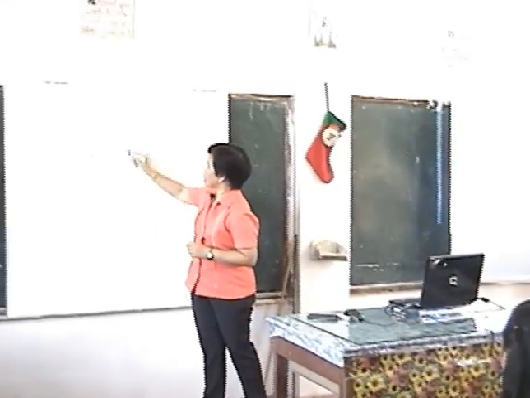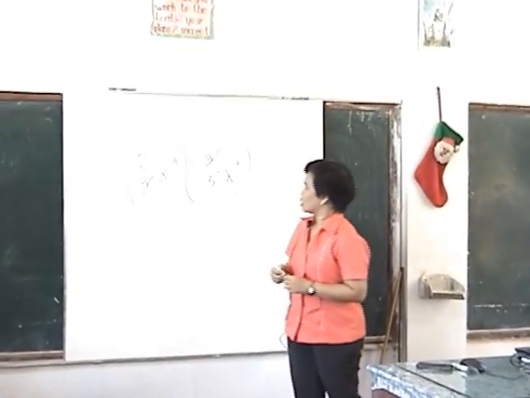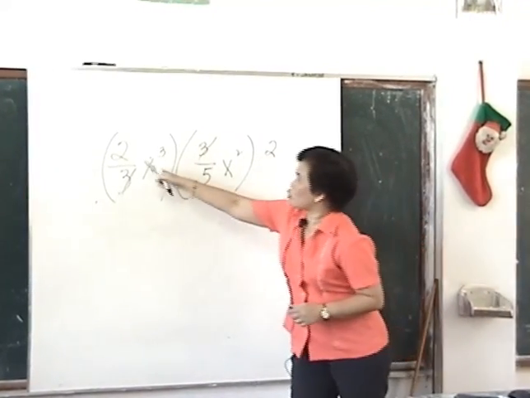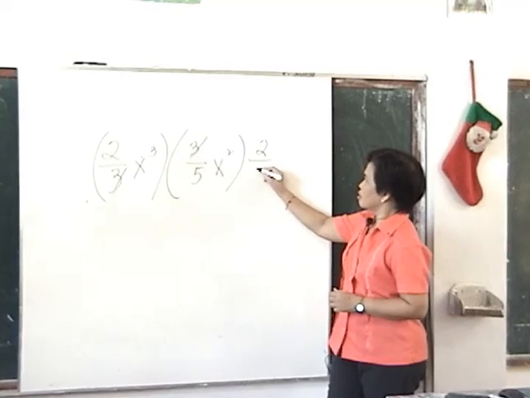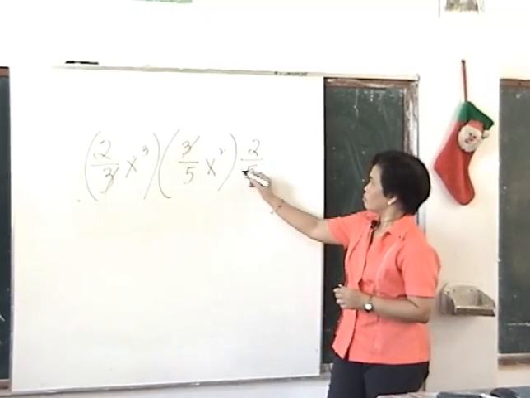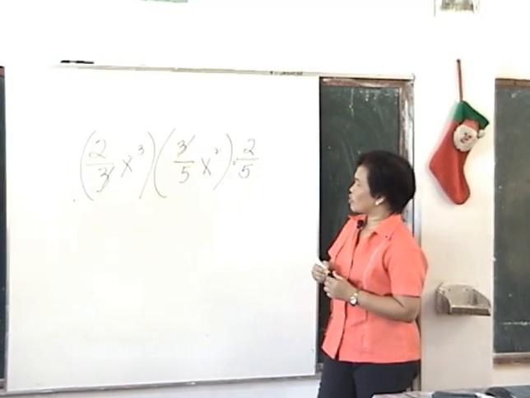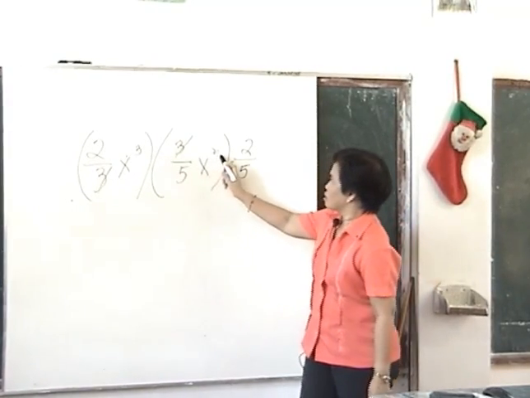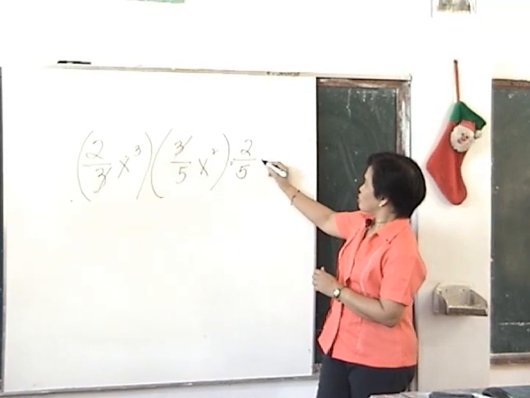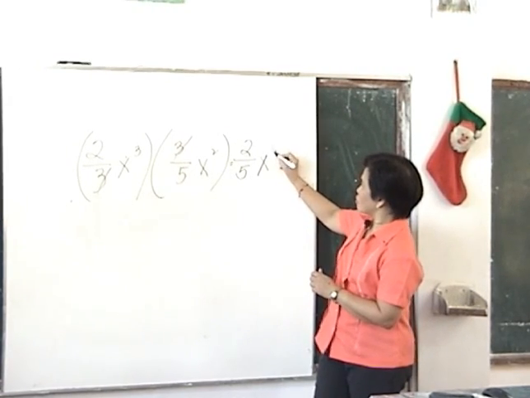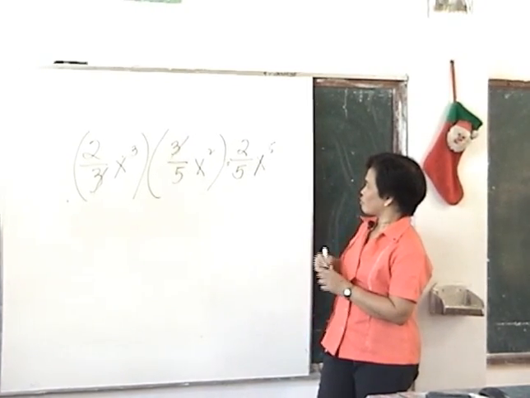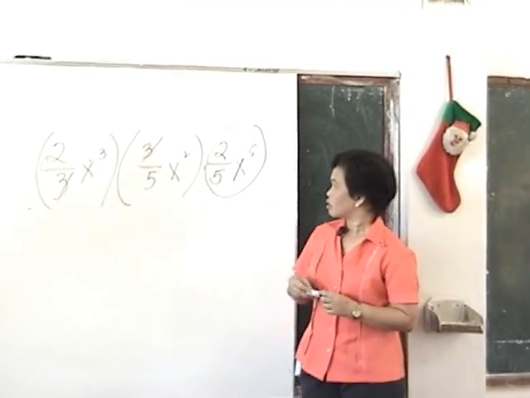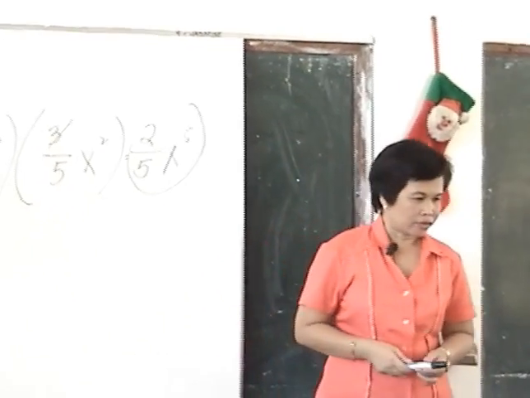So, we have to cancel 3. And then, what is left is 2 and 5. And we just add the exponents of the variables. Now this becomes x to the 5th. So the answer is 2/5 x to the 5th.